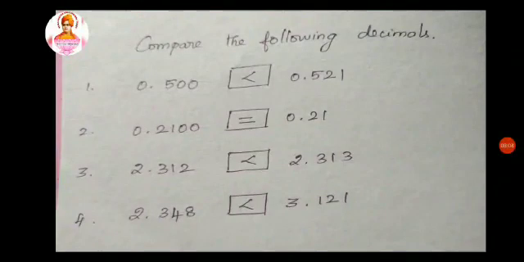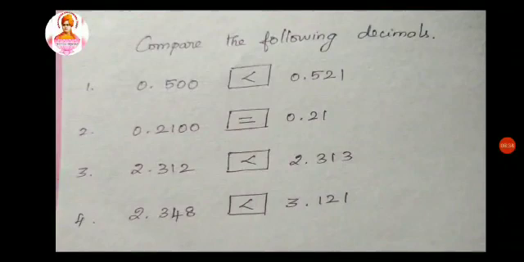So in the decimal part, here I have 500. The second number I have 521. I am going to start my comparison from the left side because I already told you in the decimal part we can mention the place value from the left side. So the left side first value is 5.